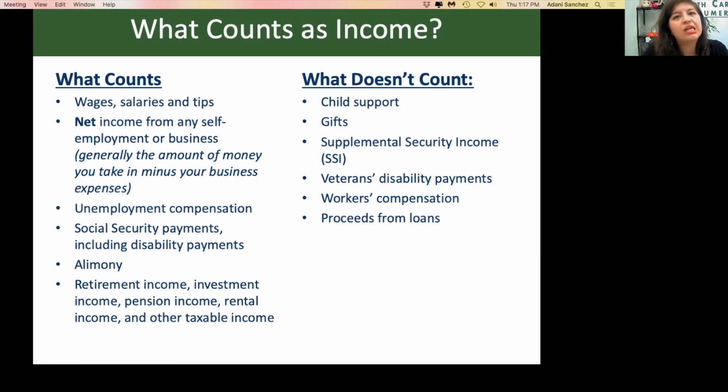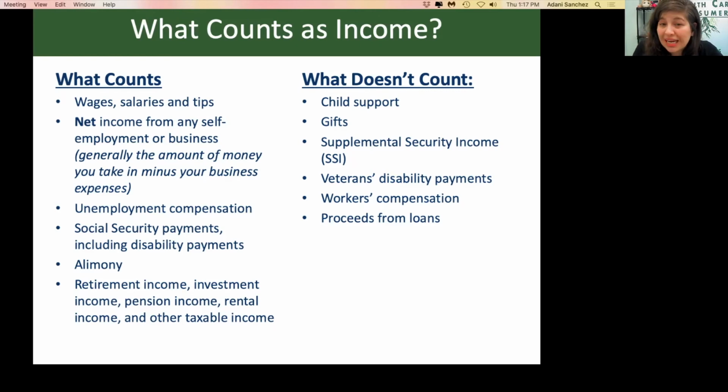So they generally will take into account some expenses that you have if you're self-employed. Any kind of unemployment compensation, Social Security payments, even though Social Security payments are not taxable, those do still count as income. So that'll be something important to keep in mind. Alimony, retirement income, investment income, pensions, rental income, and then other taxable income.